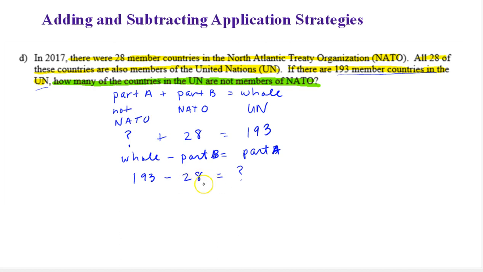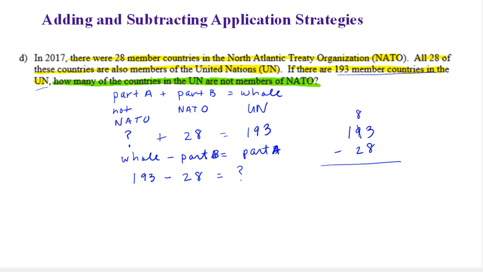So now let's solve this using place value. So I'm going to set this up. Okay, I have 3 ones minus 8 ones. Okay, so 8 is larger than 3, so I'm going to borrow from one of these 10s.